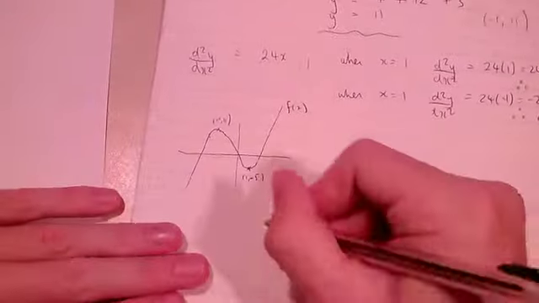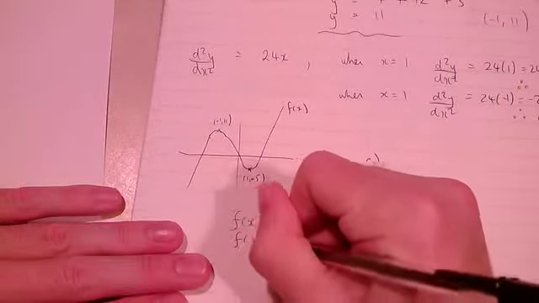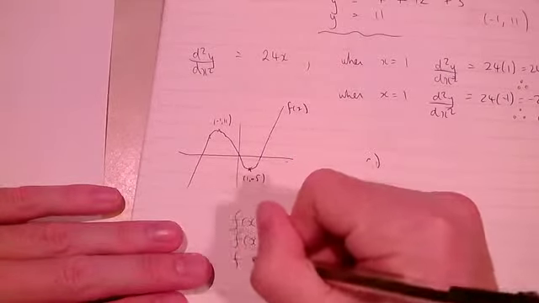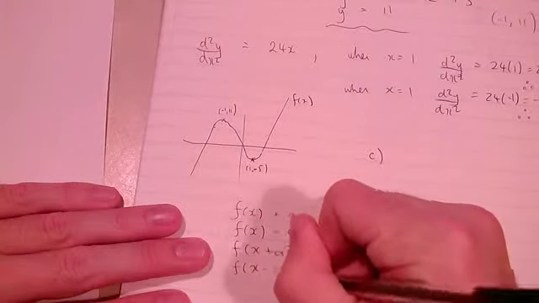Sketch the curve y equals f of x minus 1, indicating the coordinates of each of the stationary points. Okay, so the rules that you need to recap and make sure you know are f of x plus a, f of x minus a, f of x plus a, and then f of x minus a.